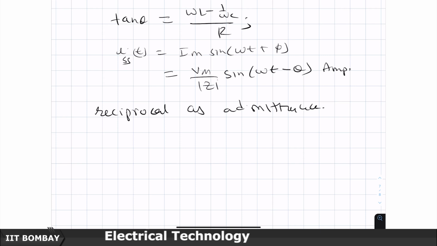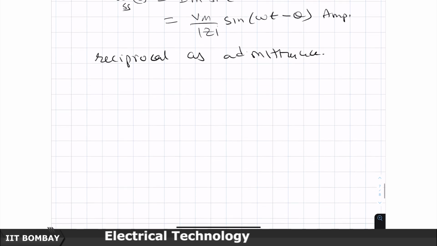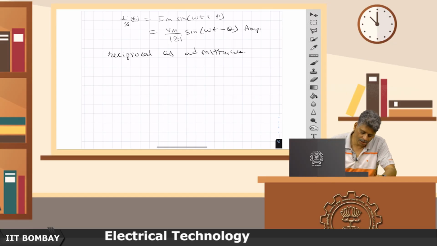Now, we know what is the trick to be done if we are solving a series RLC circuit, and this is where I am motivating towards phasor analysis. At some point I am going to say that we can drop even these sinusoids and just work with numbers.